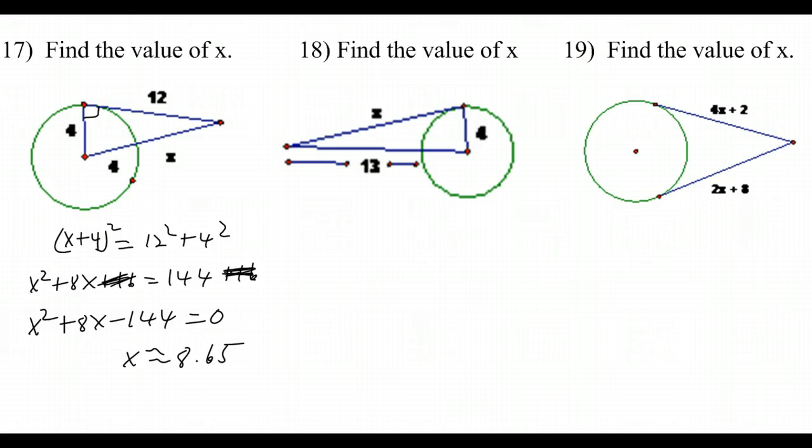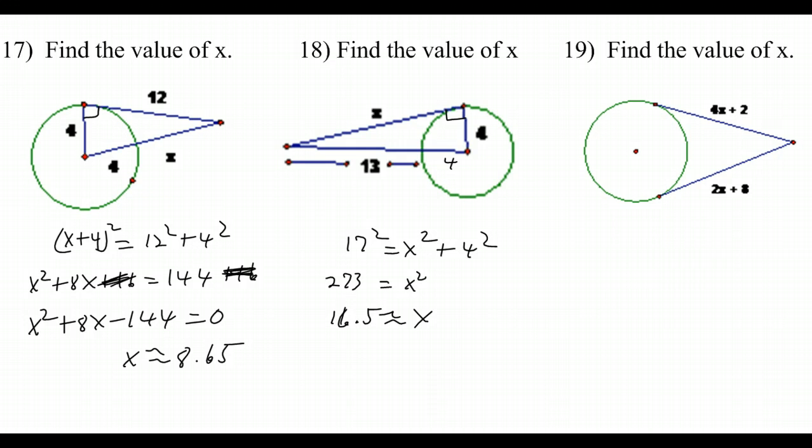In this problem, if this is a right angle, this entire line is 13 plus 4, which is 17 squared, is equal to x squared plus 4 squared. And so when we solve that problem, we see that x squared is equal to 273, so 16.5 is approximately equal to x.